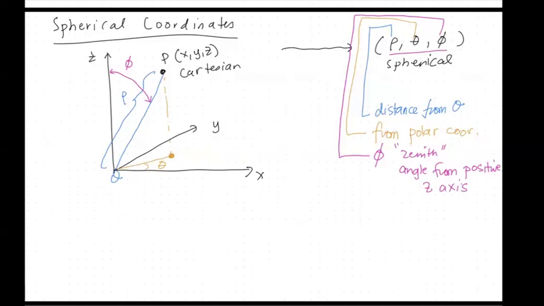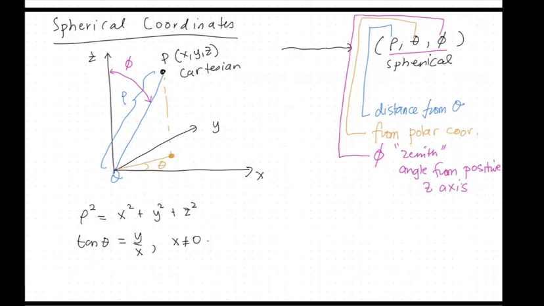Now, let us show you the following conversion. Rho squared is x squared plus y squared plus z squared, and rho will be just the positive square root of this. Tangent theta is equal to y over x, of course x should not be equal to 0 here.